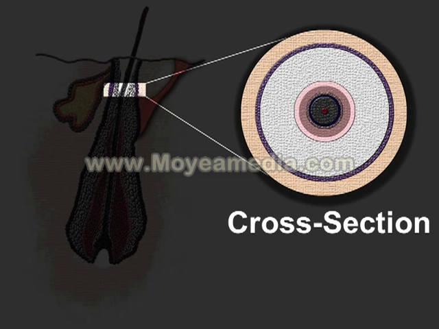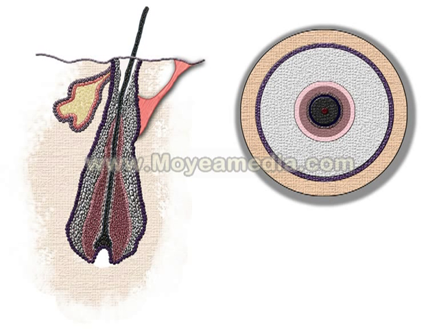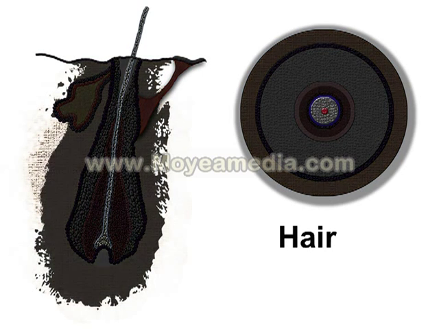We'll look at the structures in cross-section next. In cross-section, there are several layers of the hair follicle, and we'll dissect each of those out.